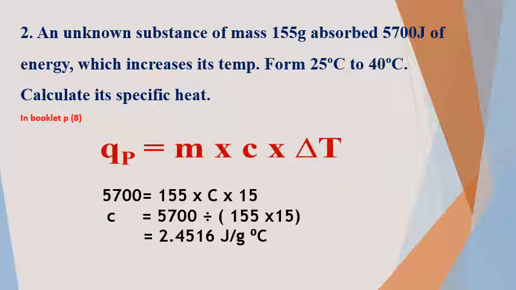To calculate delta T, you must subtract T final minus T initial. So 40 minus 25 equals 15, and the value of specific heat here equals 2.4516, and the measuring unit of specific heat is joule per gram multiplied by Celsius degree.